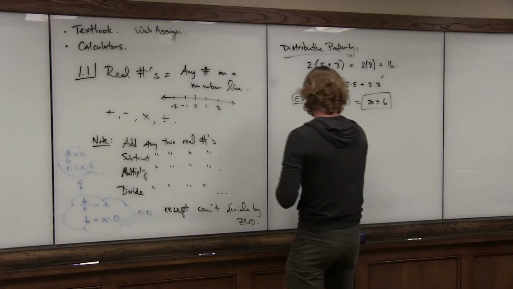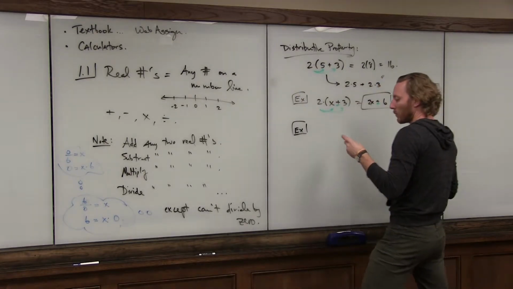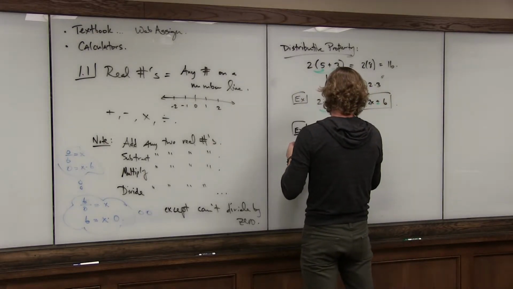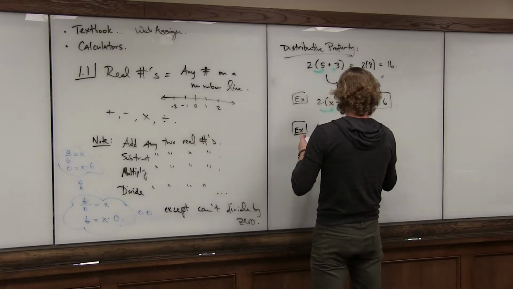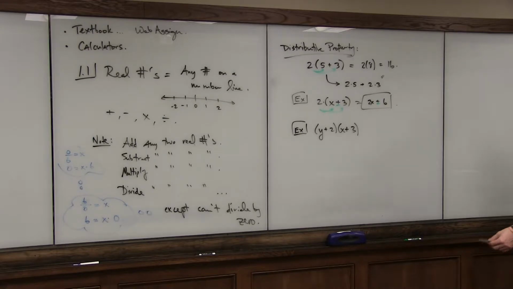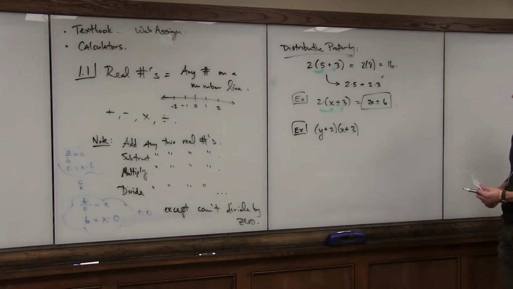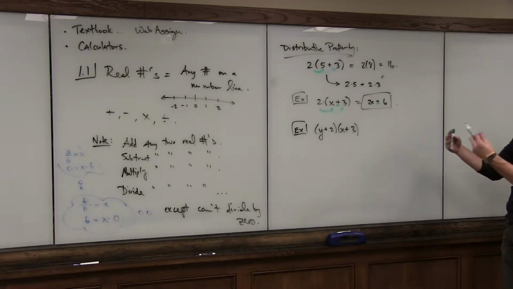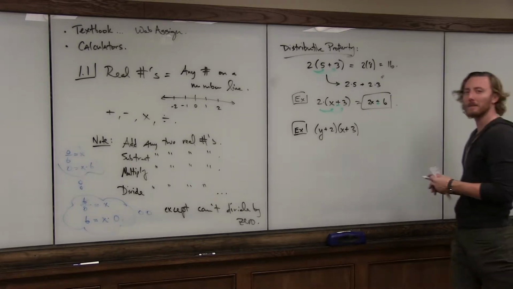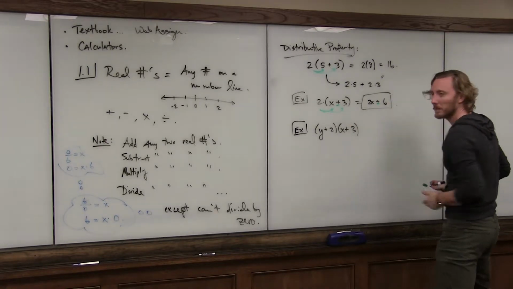Let's raise this one little bit of problem-solving skill, and what if we had something like the following? y plus 2 times x plus 3. Now this may look like something that's unrelated to the distributive property, but I claim it is completely related to the distributive property, because what we have are 2 things being multiplied.